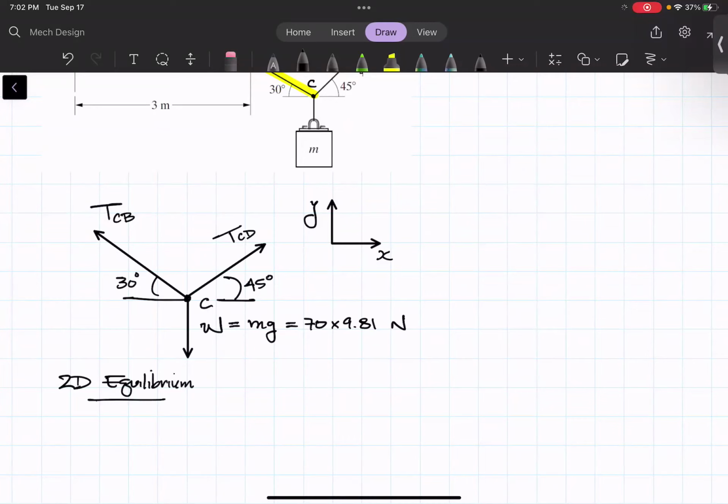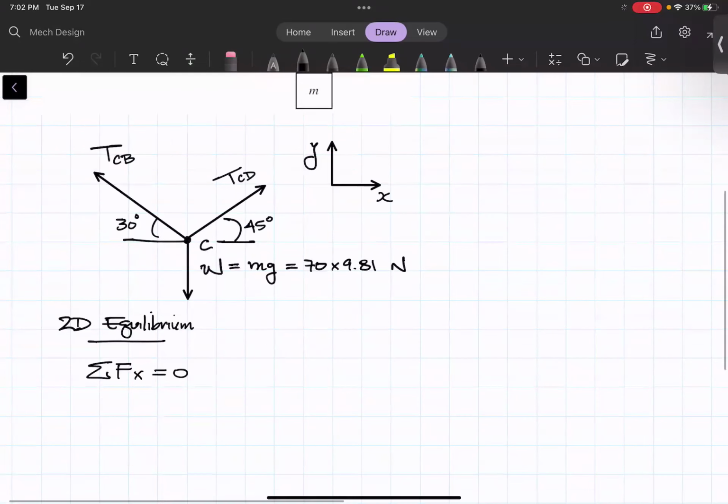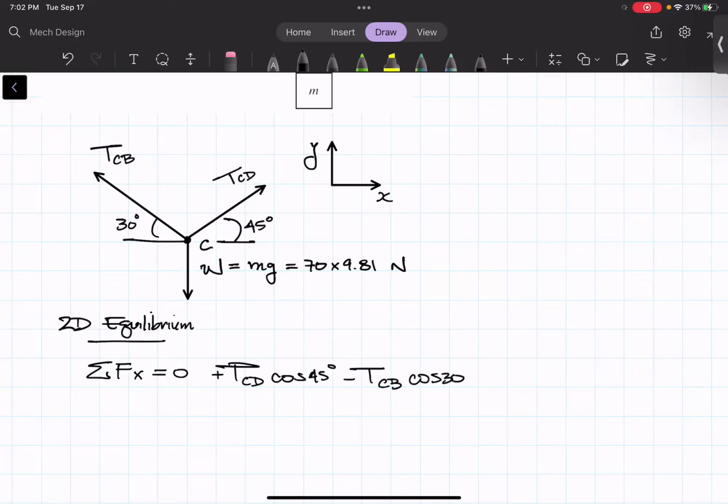We'll start by using the sum of forces in the X equal to 0. It'll be TCD positive cosine of 45 minus TCB cosine of 30.